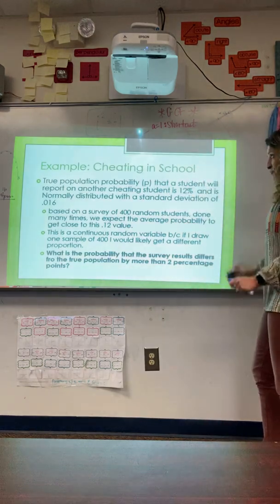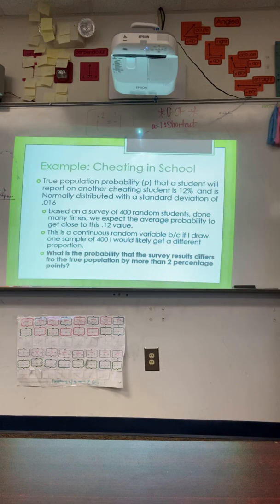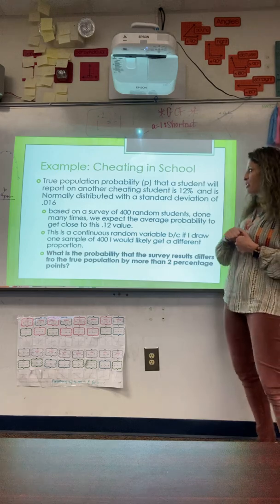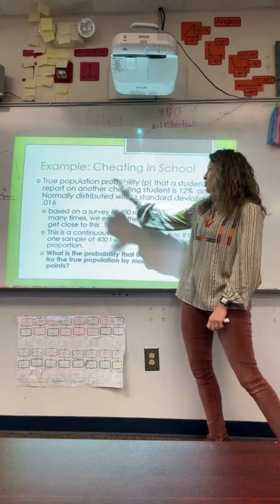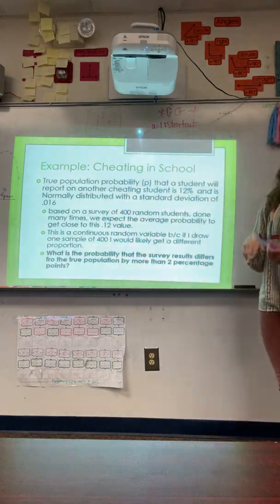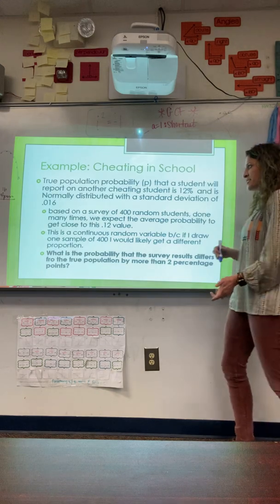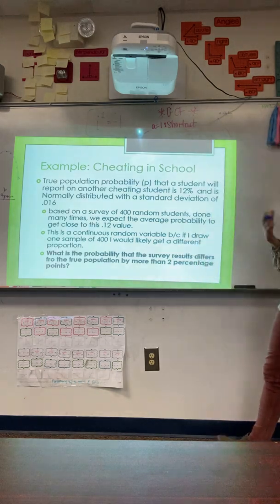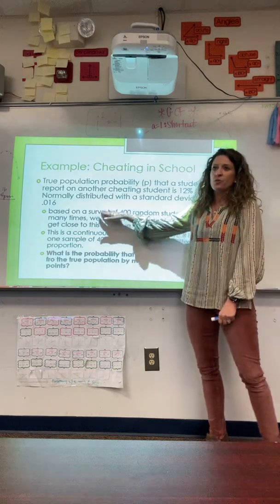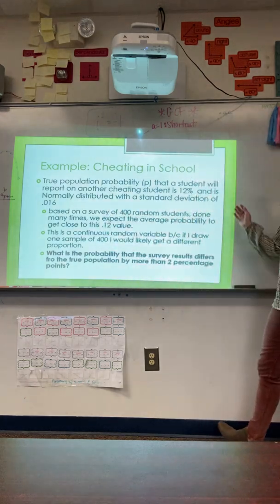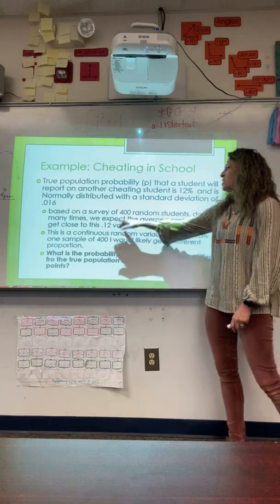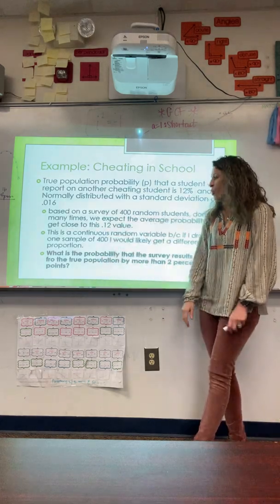So the true population probability that a student will report another student that's cheating is 12%. They tell me that it's normally distributed with a standard deviation of 0.016, based on a survey of 400 random students. Is that enough replication for you guys, 400? It says that we expect on average that it will be around 0.12.